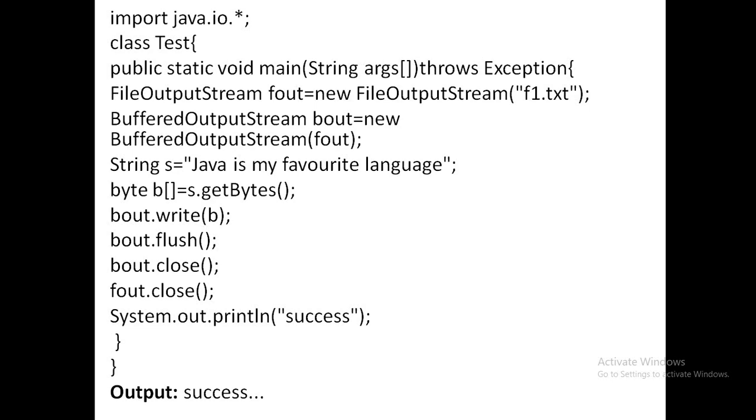Using the object of the buffered output stream, we call the methods write, flush and close, and the values stored in the array b are written into the buffered output stream, and from there flushed to the file output stream, and both are then closed.